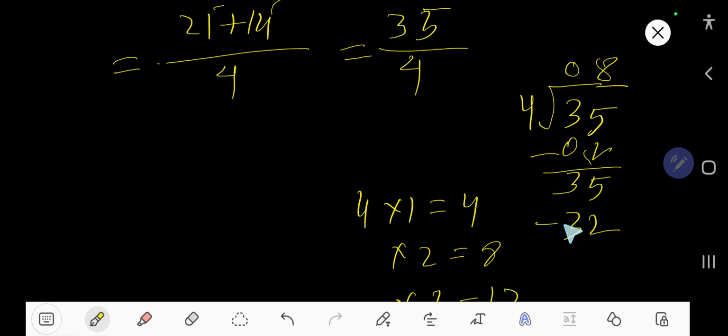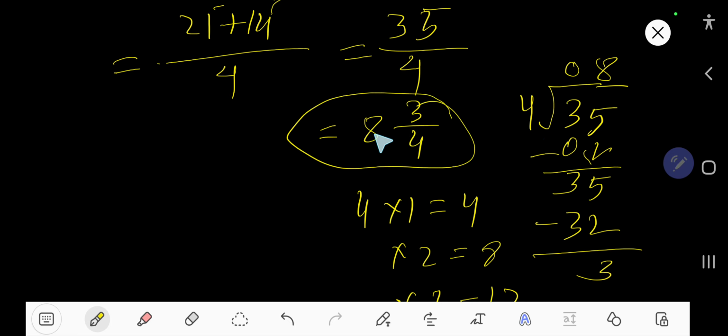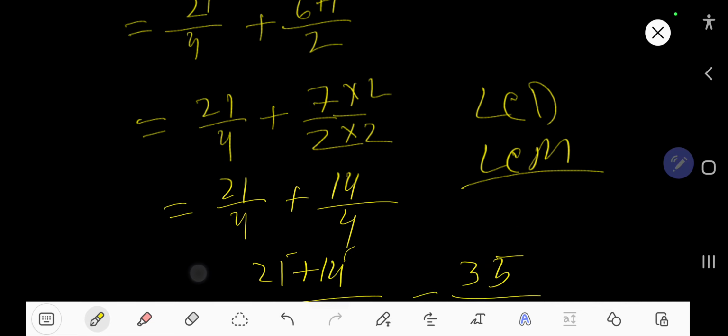Then we have 32, 8 times 4. Then we have here 3. So our quotient is 8. Our remainder will be the numerator, and divisor will be the denominator. So 8 and 3/4 is the answer.